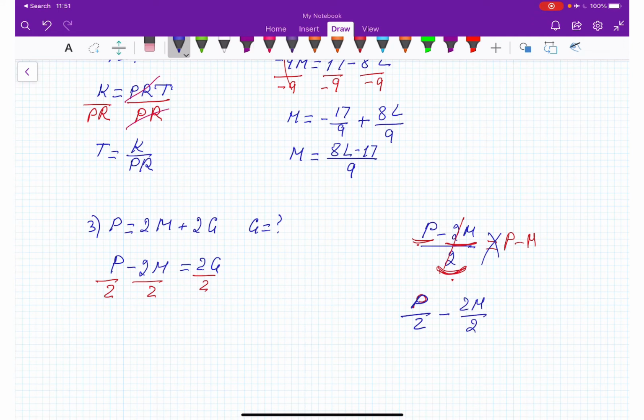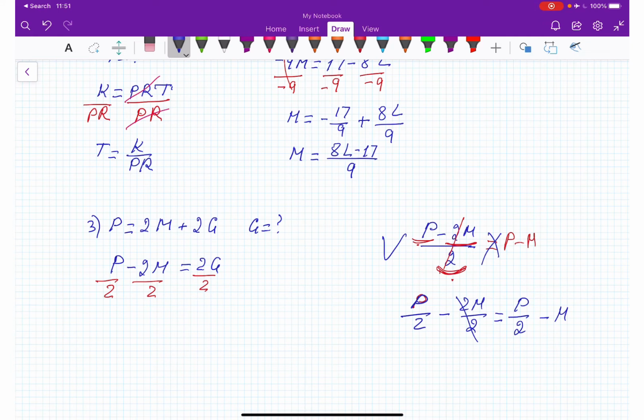See, the denominator is the same, so I just separate it. This way, 2 and 2 will be gone, and the answer is going to be p over 2 minus m. You see the difference? Because if you cancel in the other case, you take away the denominator for p, and that will give you a wrong answer or will take you straight to the woods.